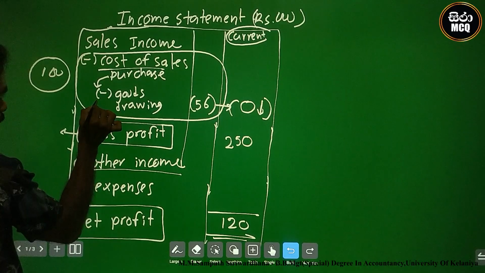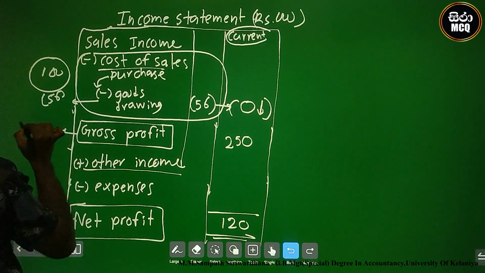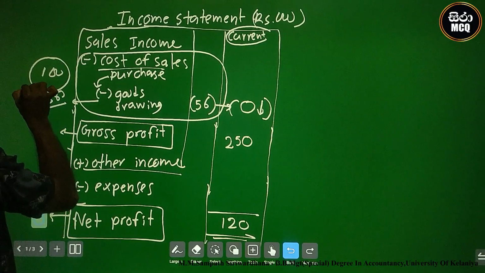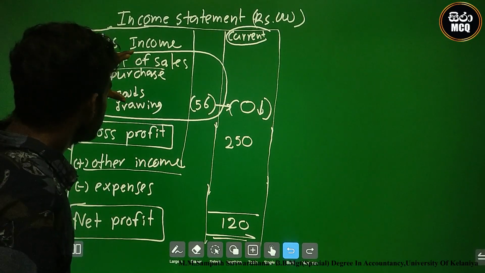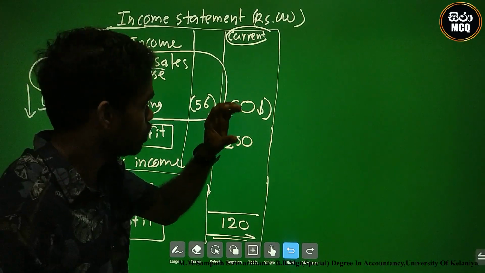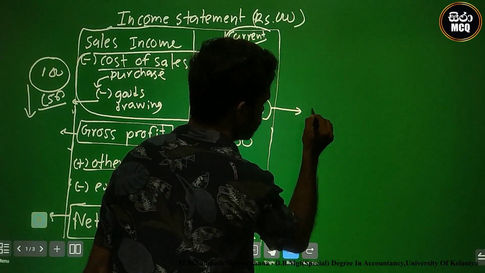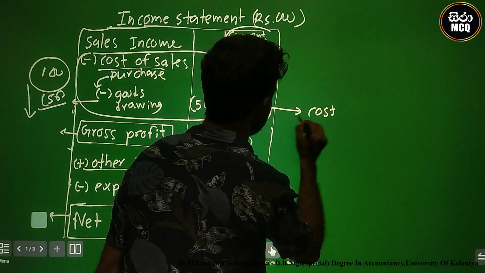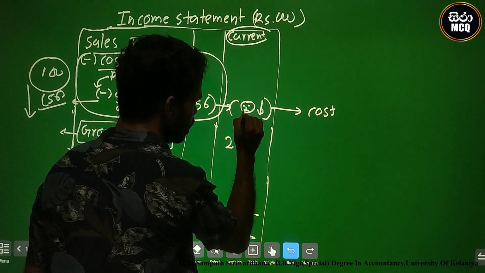Again, we deduct 56 from this purchasing. At this time, there is a deduction of the final result. The final result means cost of sales is minus. Cost of sales is deducted by 56.